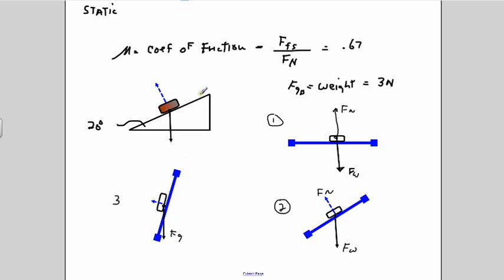And let me do one more thing here. Let's just go one step further. Let's take that same guy and tilt him up the rest of the way. Let's take that block. Let's move him over here.